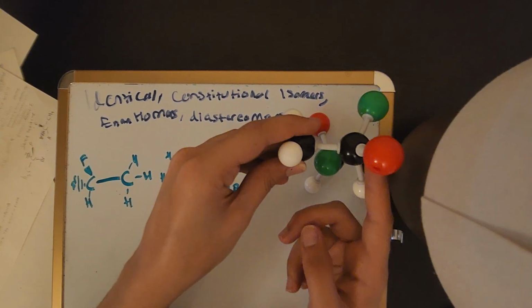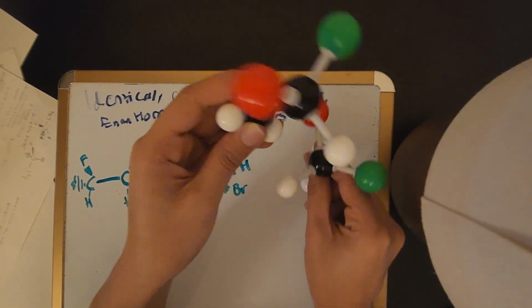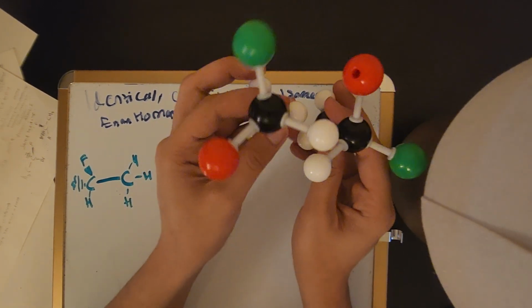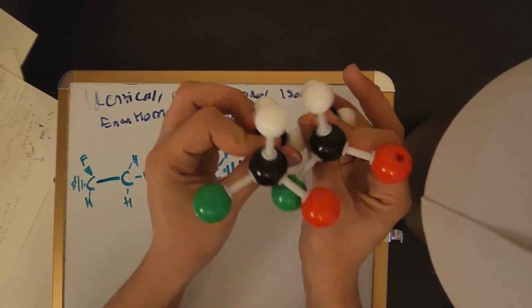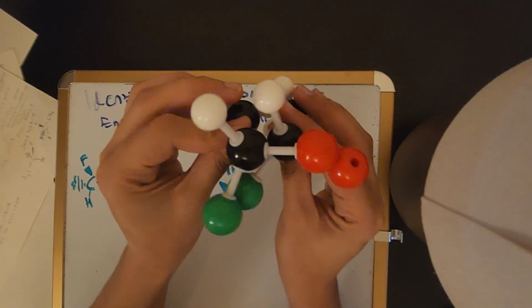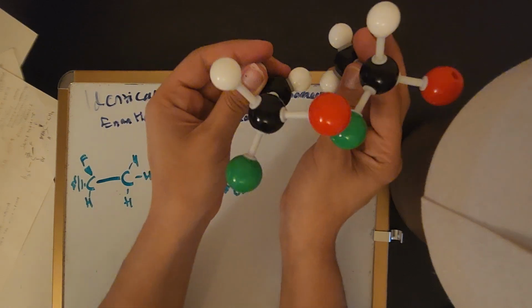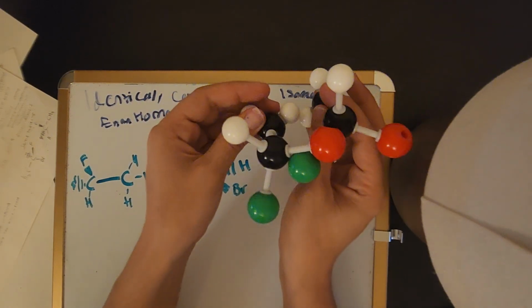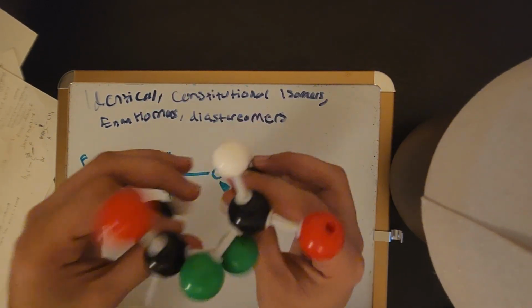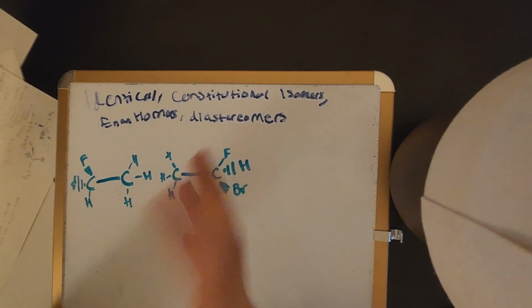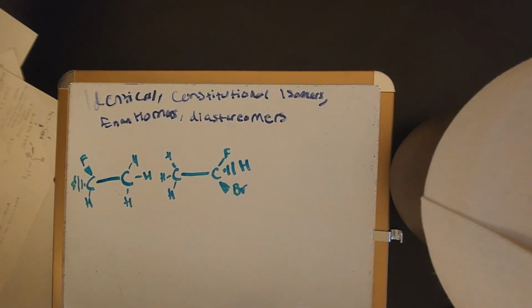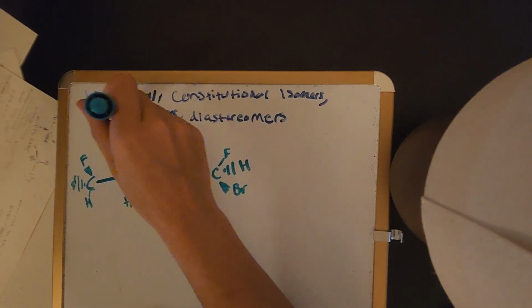And despite the position differences, you can see that these are the same, and we can overlap them. Anytime you can overlap a molecule, it's the same molecule. So either with a model or by somehow rotating through your mind, first identify, is this thing identical?